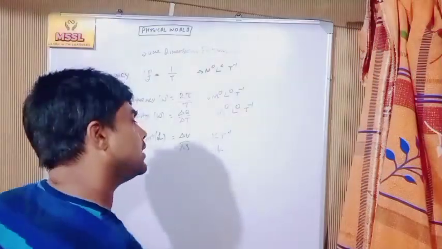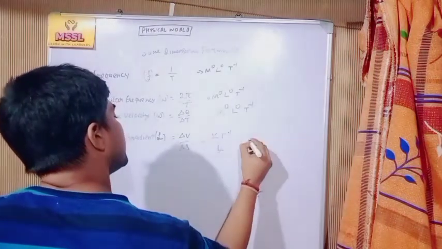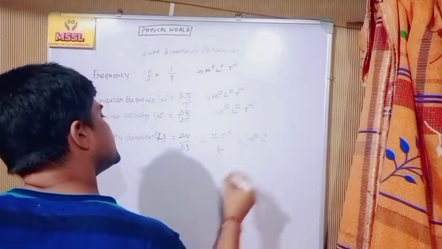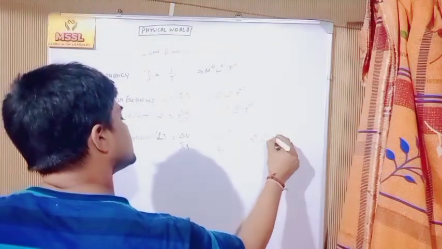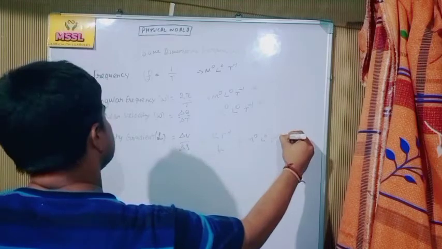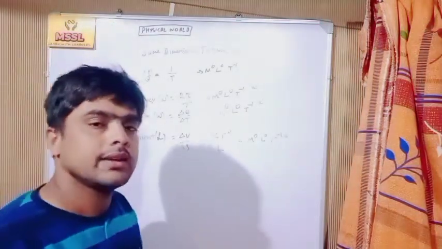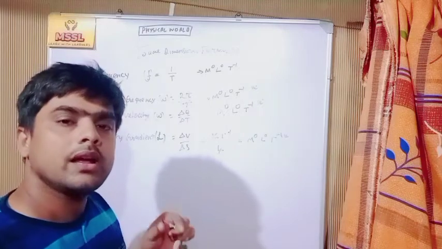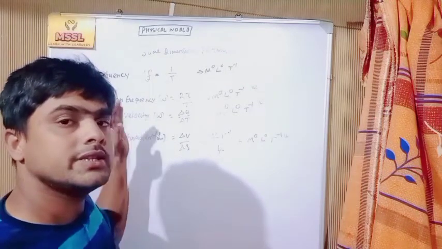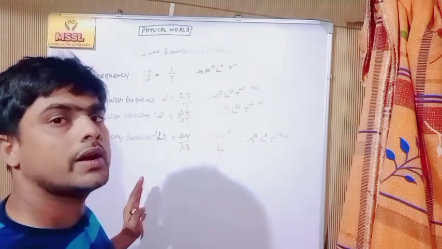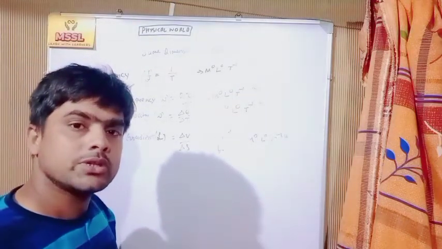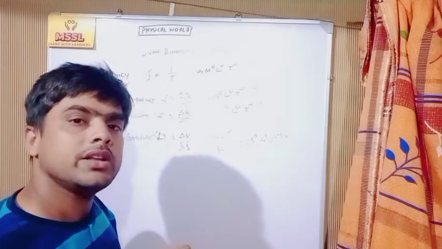So for this one also, we can write M0, L0, and what remains is T minus 1. So we can conclude that frequency, angular frequency, angular velocity, and the last one, velocity gradient, all four physical quantities have the same dimensional formula, which is M0, L0, and T minus 1.